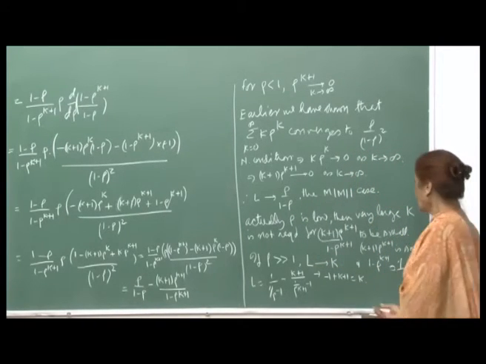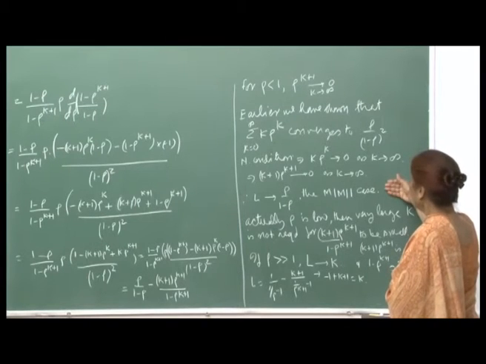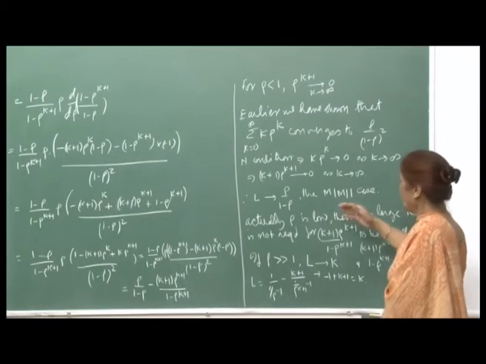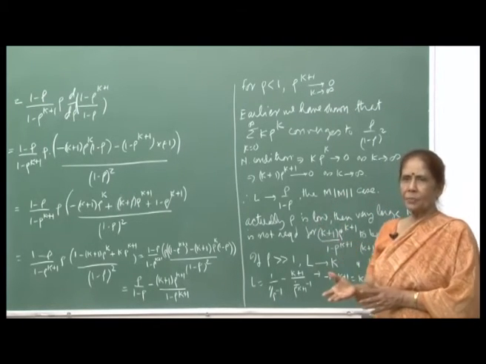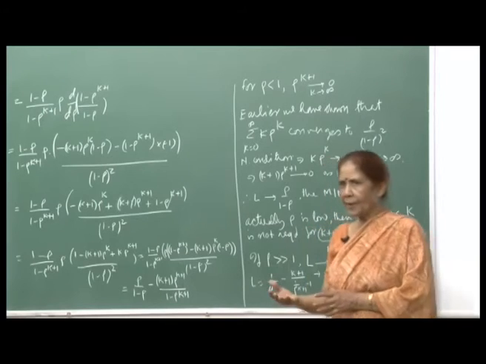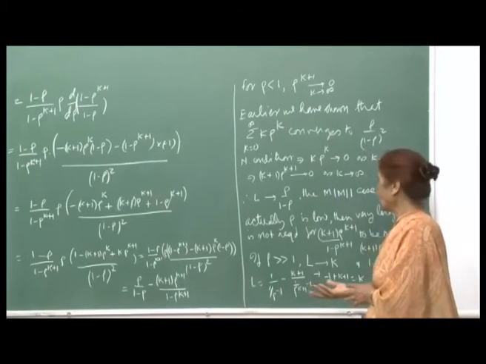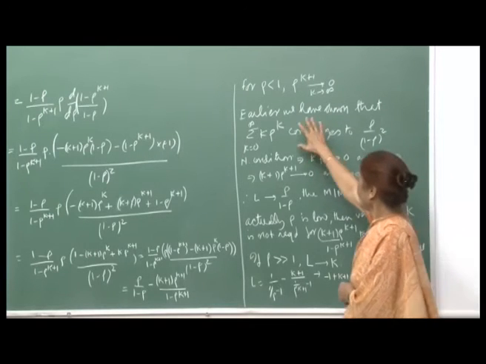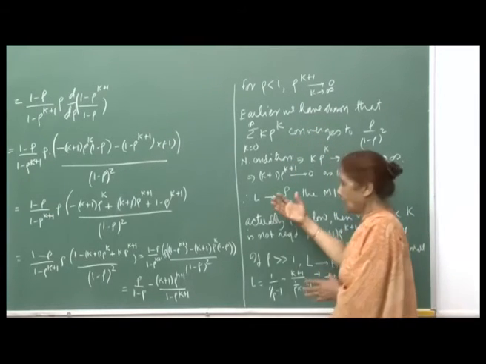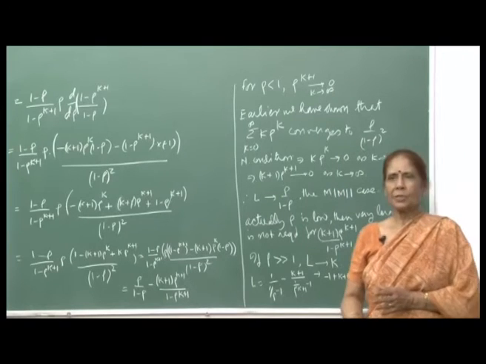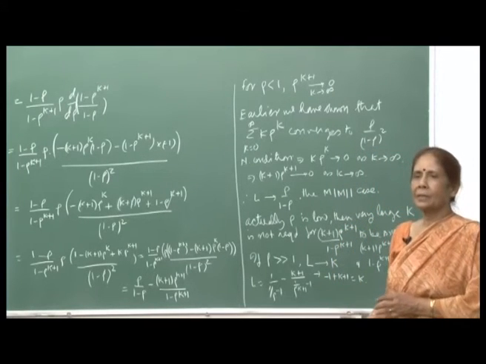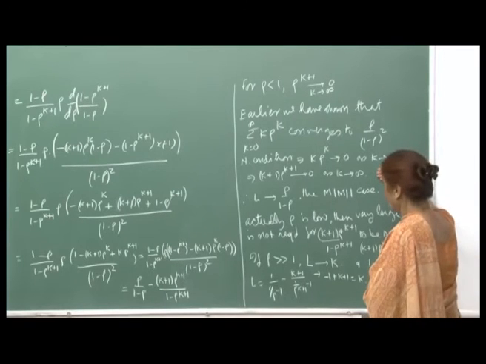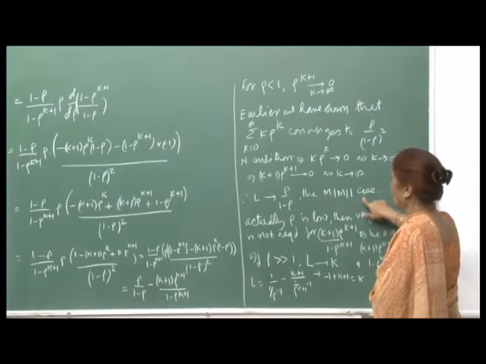So you can immediately conclude that when you have the MMK case, that means you have a limited space for people to wait, that is k people or k units can wait, then this model relates to that. But if you make the space unlimited, that means there is no restriction on how many people can wait in the system, then the whole process reduces to the MM1 case.